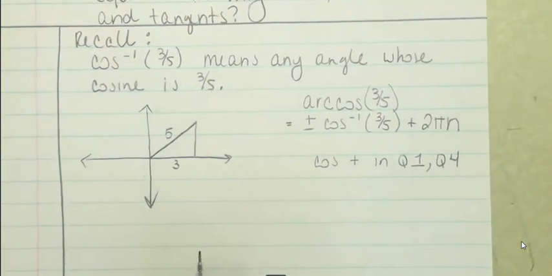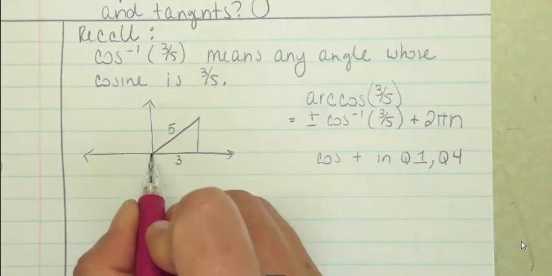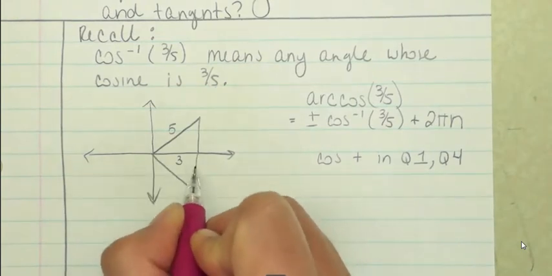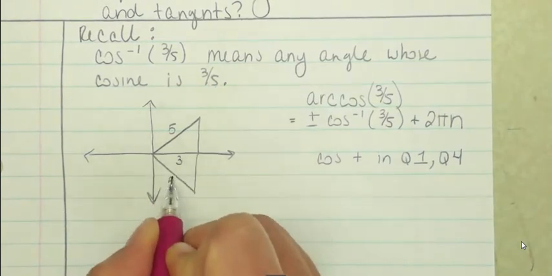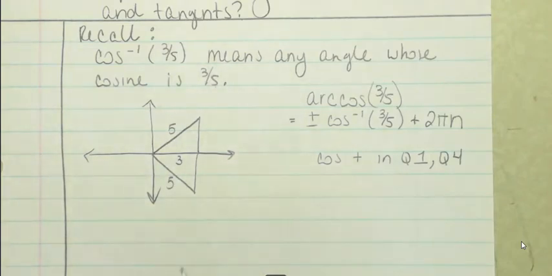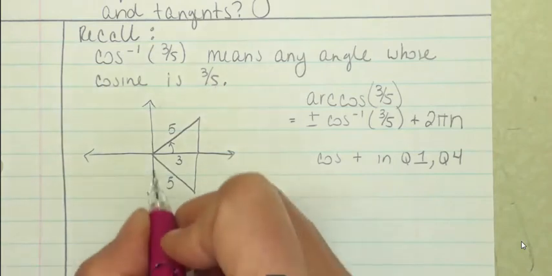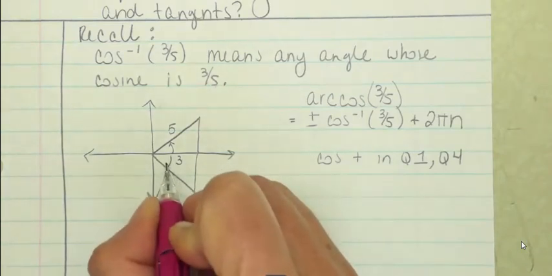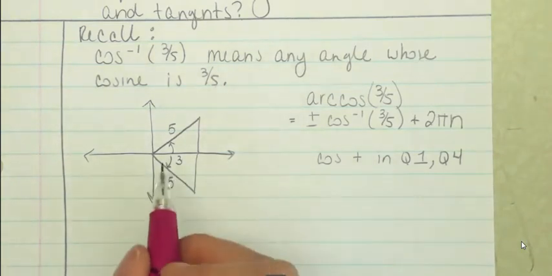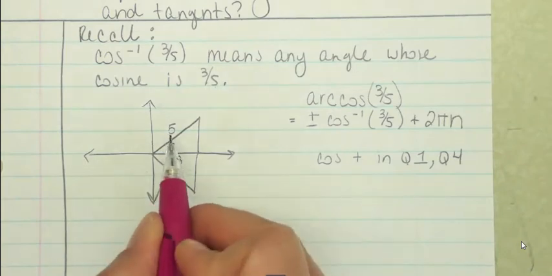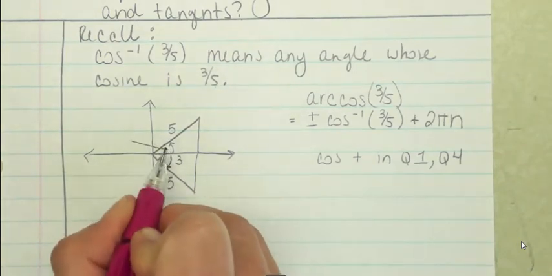And cosine is also positive in quadrant 4, which means I've got another angle here with 3 and 5 as my hypotenuse. So basically here I have two angles. I have the one that's opening counterclockwise and the one that's opening clockwise. This is going to be my negative and this is going to be my positive. So here I'll just draw that in.